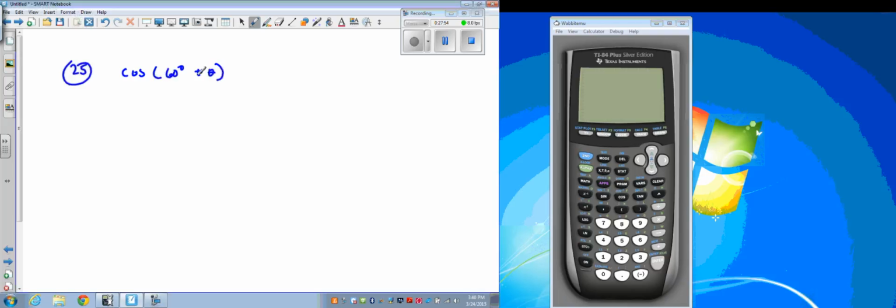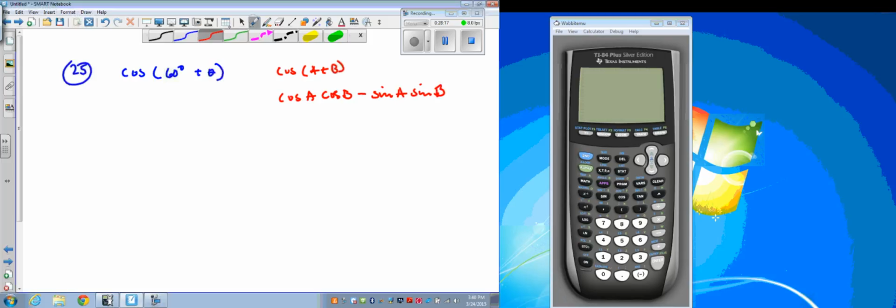When you do the cosine of a sum, what is it? The cosine of a sum is cosine A cosine B minus sine A sine B. I'm not sure why, but that's what it is.